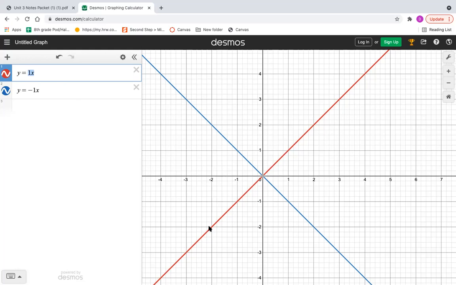And so that value would have been there for our normal parent function. Whereas for the blue one, if we plug in -2 for x, -2 times -1, that negative in front, would give us a +2. And that's why we see that point right there for the blue line.